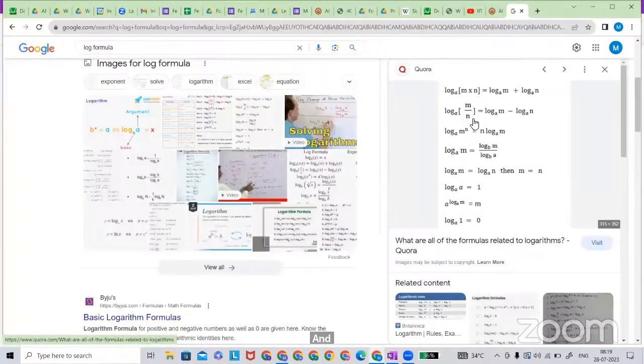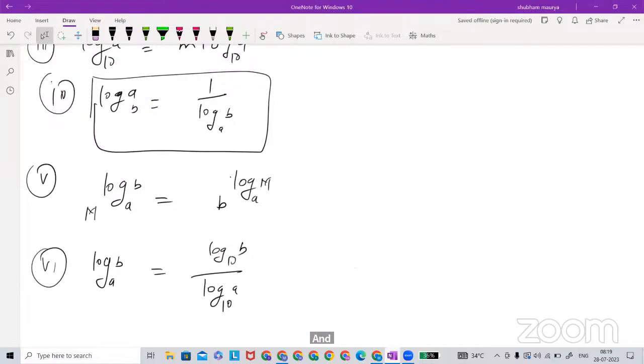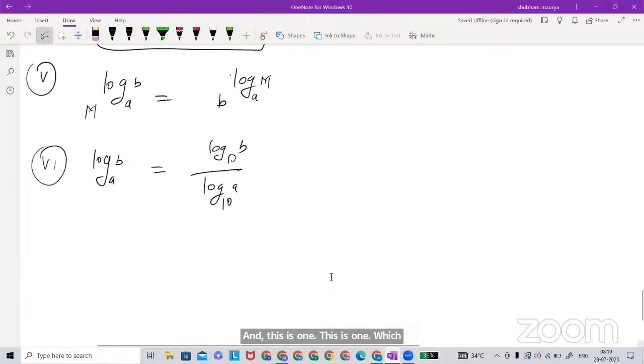This is done, addition, multiplication, and this division is done. This is the same as the property of the log.